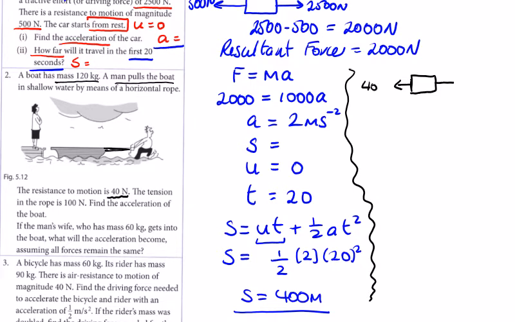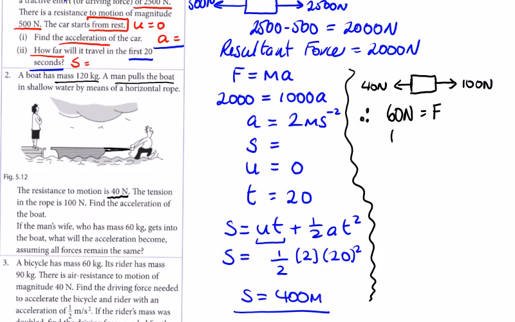So I have 40 going that way, and he is pulling it. The tension in the rope is 100 newtons. So that's this way. My tension is 100 newtons. So my resultant force here is going to be 60. You can just write therefore 60 newtons is equal to F from your diagram.